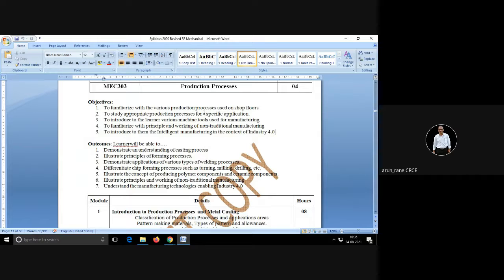Then, to study appropriate production processes for a specific application. Suppose I ask you to manufacture 100 tables, so what will be the appropriate production process? And if I ask you to make one study table only, then what will be the appropriate process? Both processes will not be the same.